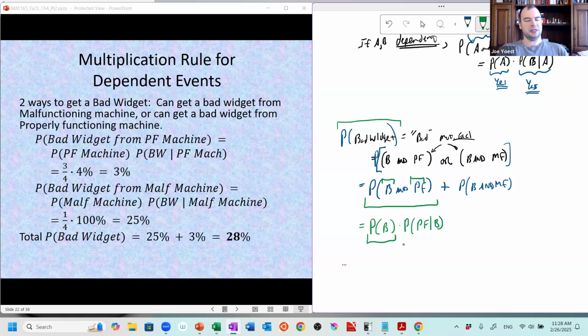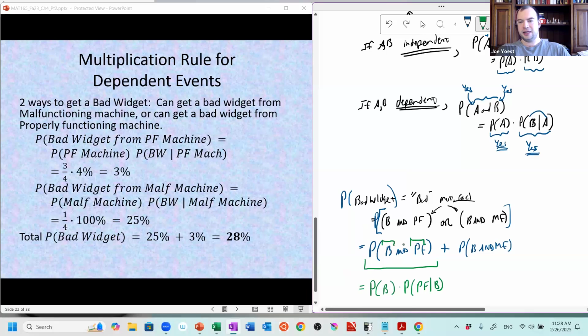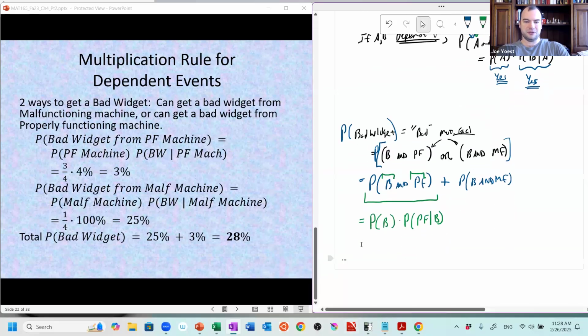I don't think this actually really helps me. I could choose to break it up the other way, right? The event A and B is the same as the event B and A. I can just choose which ordering works best for me.